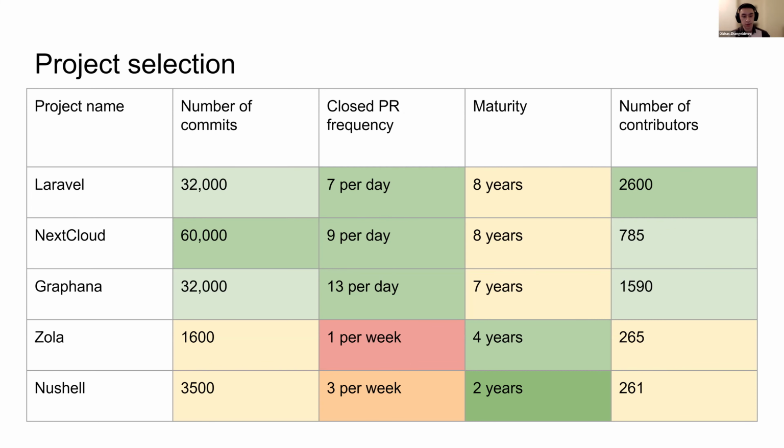I picked five projects: Laravel, Nextcloud, Grafana, Zola, and Nushell.